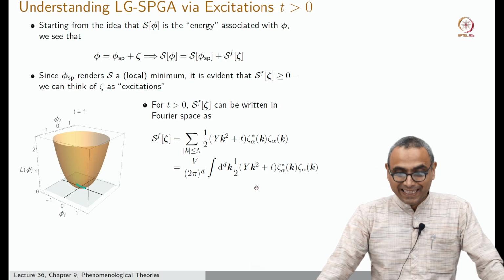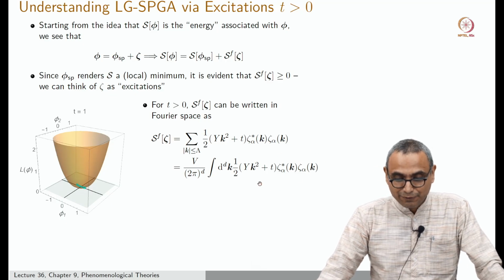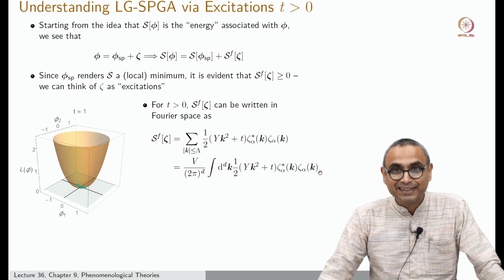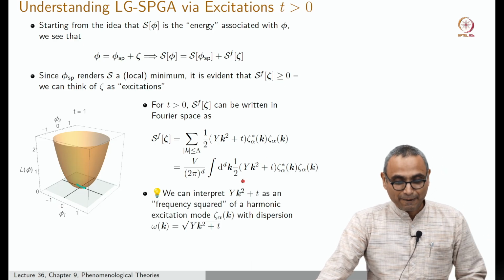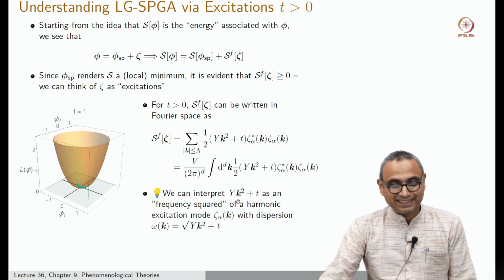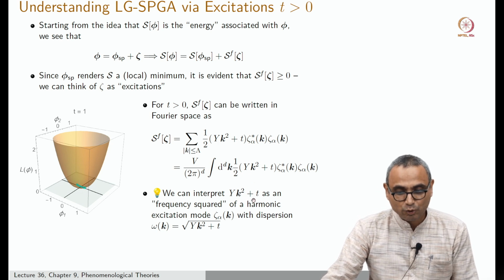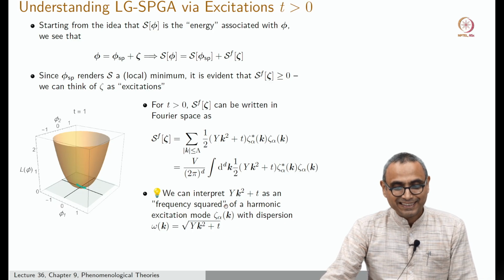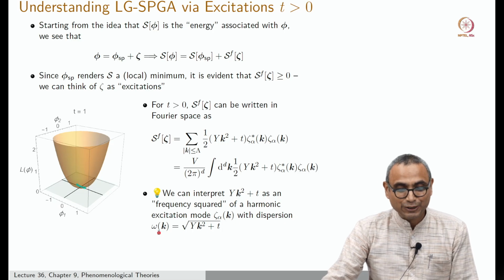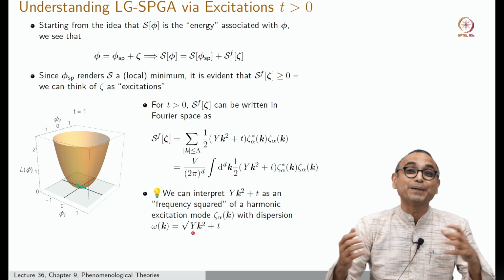But the bottom line is, you can think of this as looking like some omega square x square kind of term, and therefore you can interpret this quantity as a frequency square. So yk square plus t is the frequency squared of some harmonic excitation mode, zeta alpha of k. You can think of this like a dispersion.